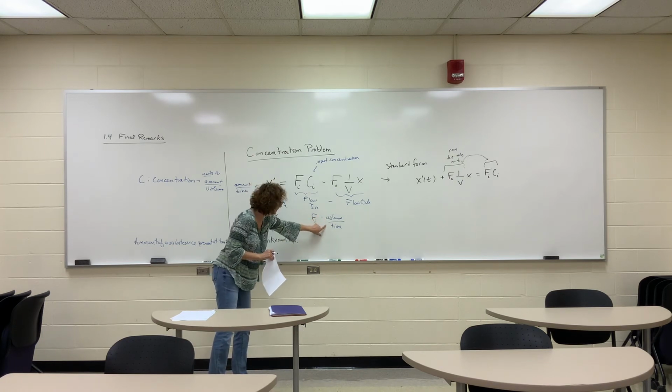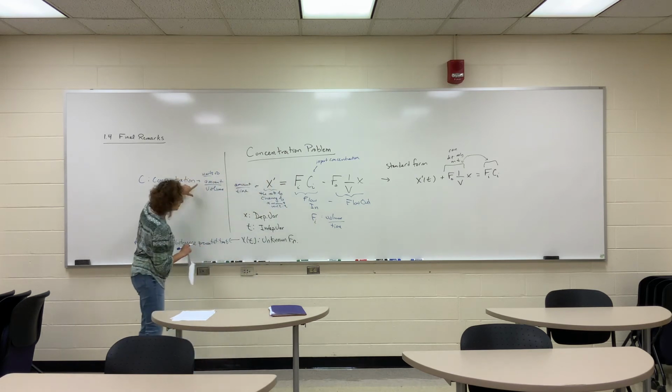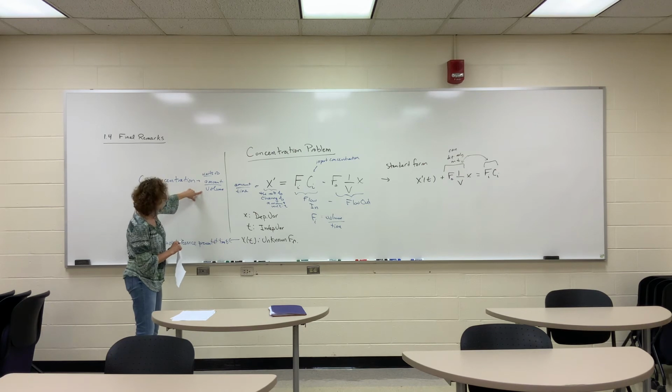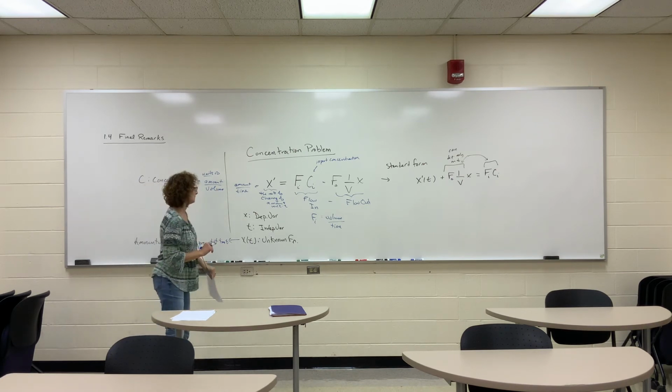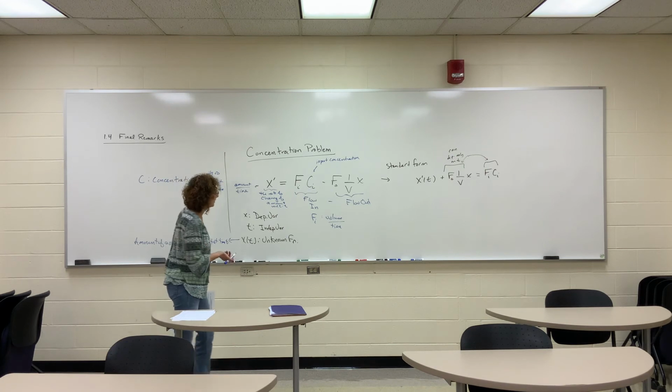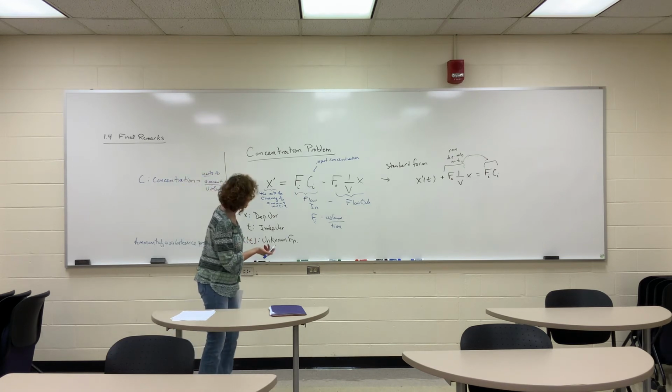Volume is what's flowing in. It's a rate, so how much is coming in per time, times an amount per volume. What am I left with? An amount per time. Yes? Okay? Okay? So making sure your units match up will definitely help you with these problems.